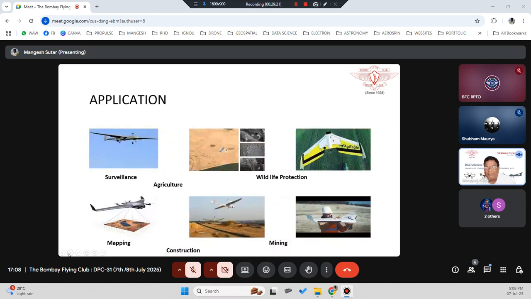Okay, now what are the applications? Basically, fixed wings are used in surveillance, agriculture, mapping, wildlife protection, construction and mining, where you have to cover a bigger land area.